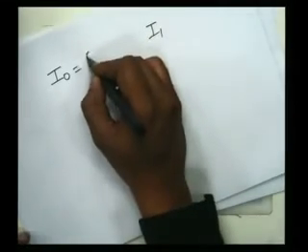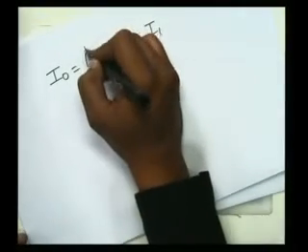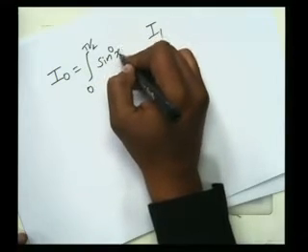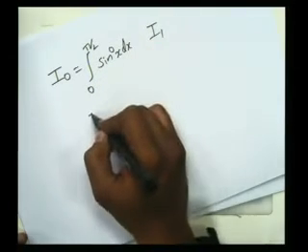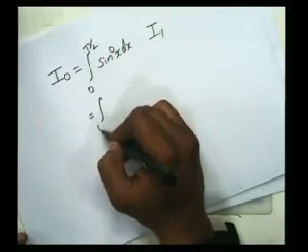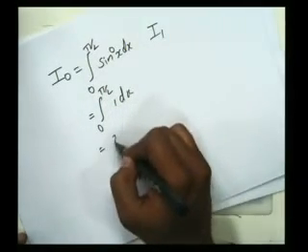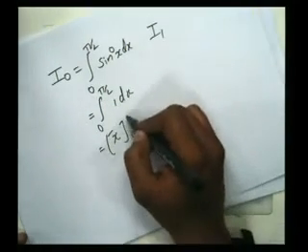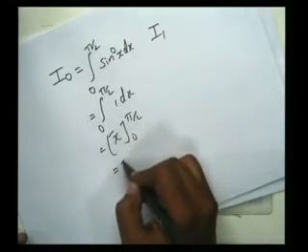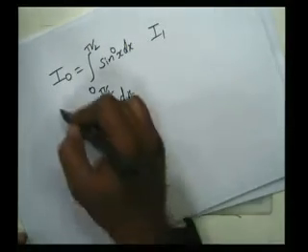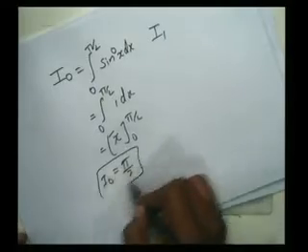So I0 equals the integration from 0 to pi by 2 of sine 0x dx, which is the integration from 0 to pi by 2 of 1 dx, equal to x from 0 to pi by 2, and the result is pi by 2. That means the value of I0 is pi by 2.